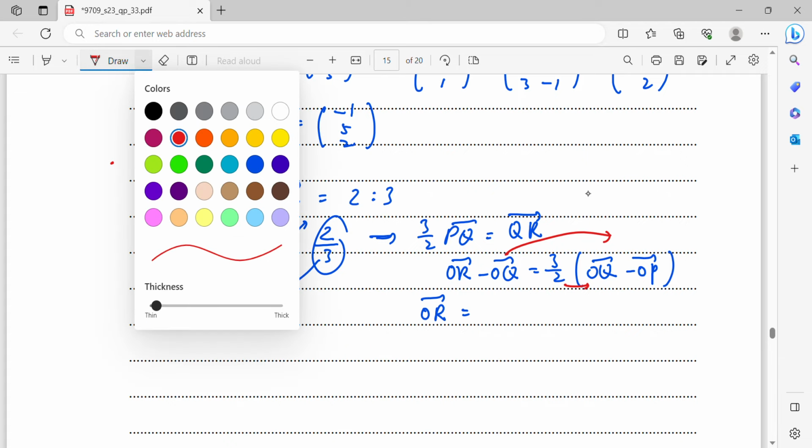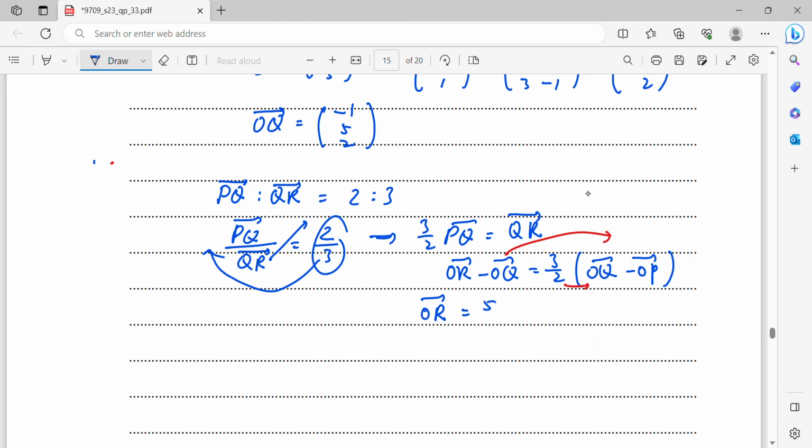It will be 5 over 2 OQ. And then this 3 over 2 multiplied with negative OP will be negative 3 over 2 OP. Okay, so it will be 5 over 2 multiplied with OQ, which is minus 1, 5, 2, minus 3 over 2 OP is given.